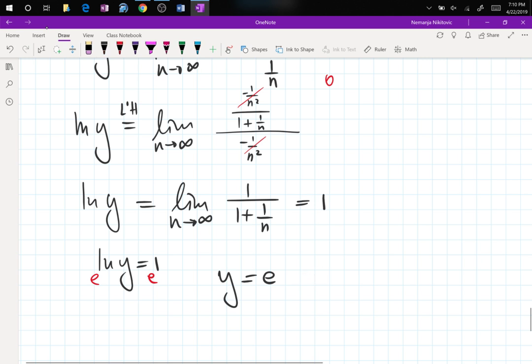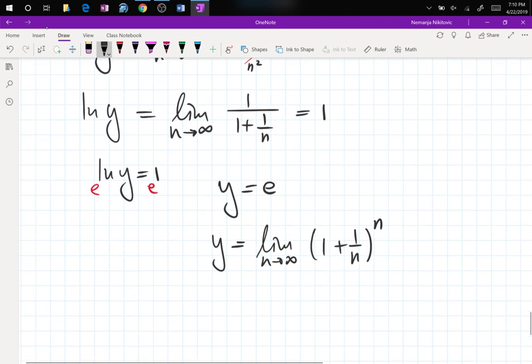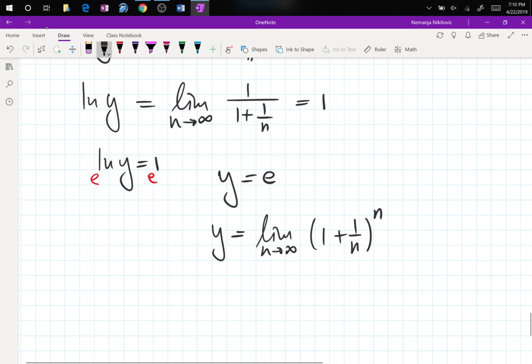Let me just write e. Now, what was y? y was the limit as n goes to infinity of (1 plus 1 over n) to the n. So if y is equal to y, then the limit as n goes to infinity of (1 plus 1 over n) to the n is equal to e.